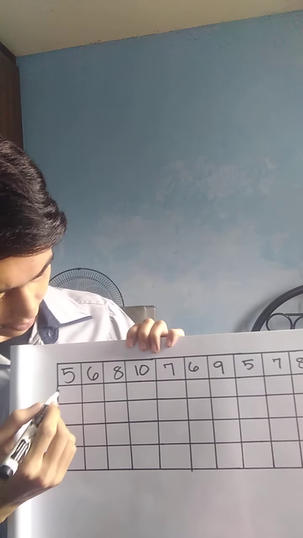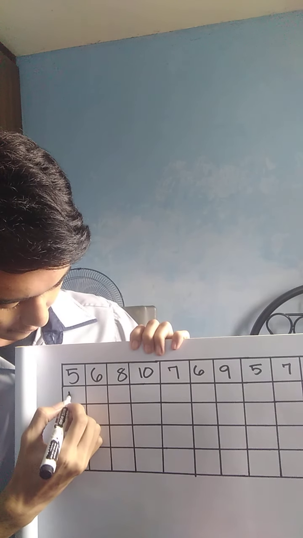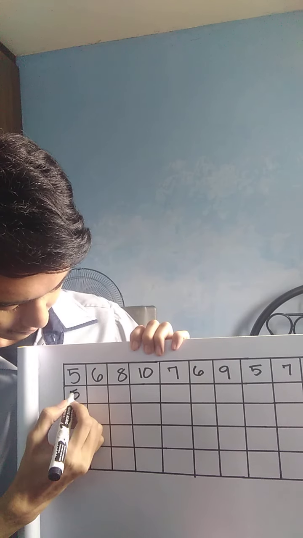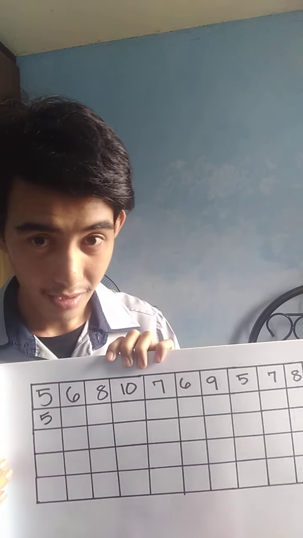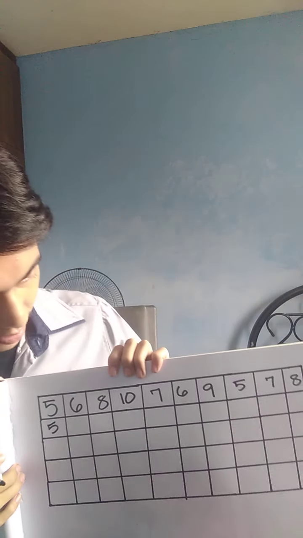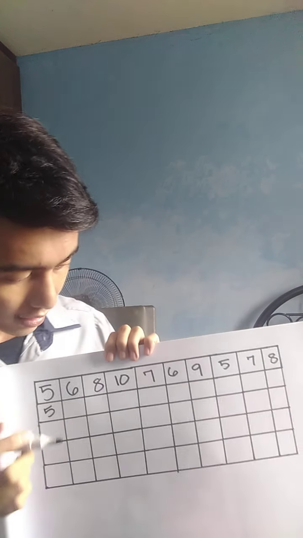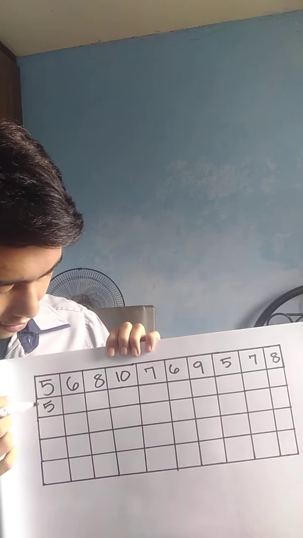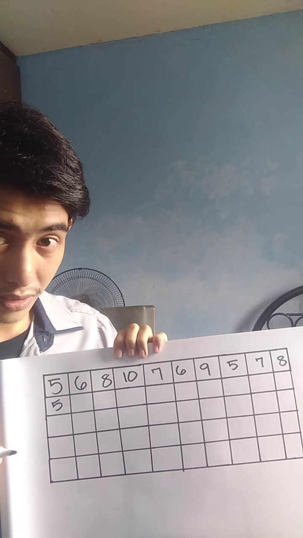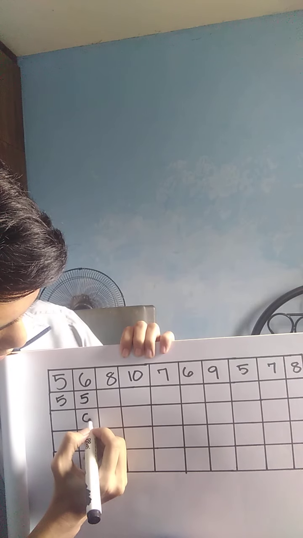So for now, we're going to bring down the 5 here. Then let's move to 6. We can see 6 was also not used in the previous page, so let's bring down the 6 too, 5 and 6.